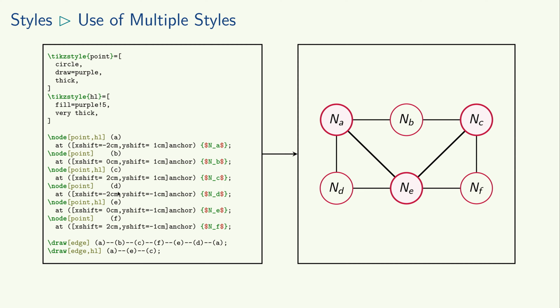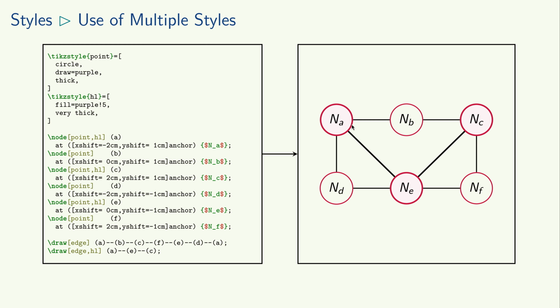I then have a grid of 6 nodes, and I have some edges. Some of these nodes are both points and highlights. And because highlight comes after point, this very thick will override this thick.